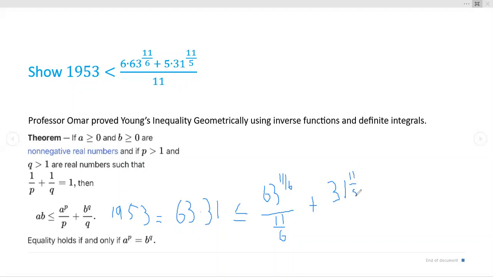Now, we got it. This is just a statement. Literally, I'm just blindly using this result. The proof was cool, but I'm not trying to claim I understand it. I'm just strictly adhering to these conditions right here. And so you got 11 over 5 right here also.